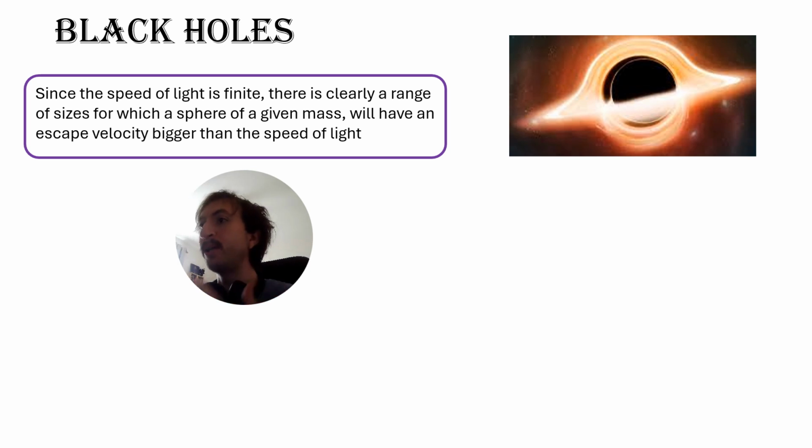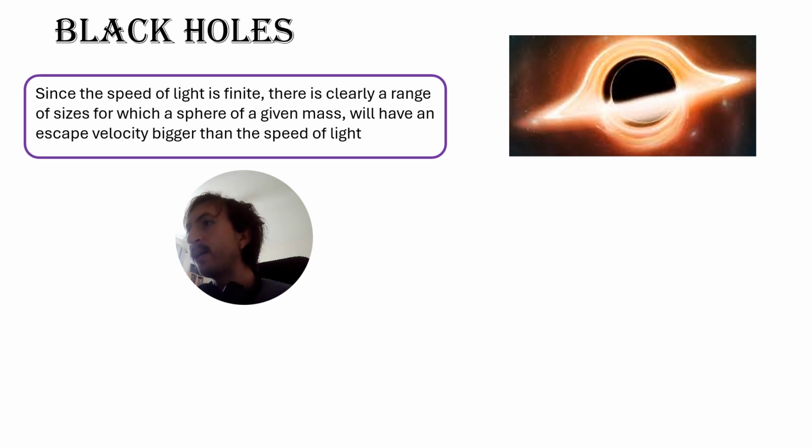And since the speed of light is finite, there must be some finite value for the radius or mass, well, really the ratio between the radius and mass, for which the escape velocity is equal to or even exceeds the speed of light.